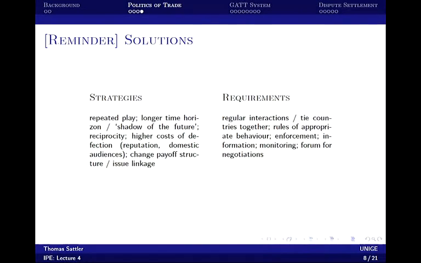We need clear rules on what appropriate behavior is and what a defection is. So we need to define what is P and what is L, right? We need rules that define whether a country actually defected or cooperated. And once we know that, we also need to provide information to everybody whether the country is actually following the rule or whether they are defecting.